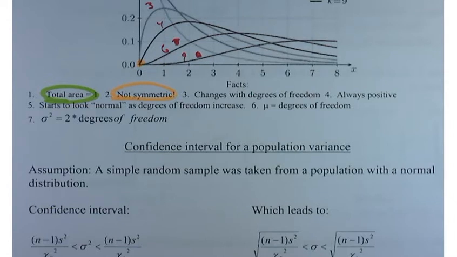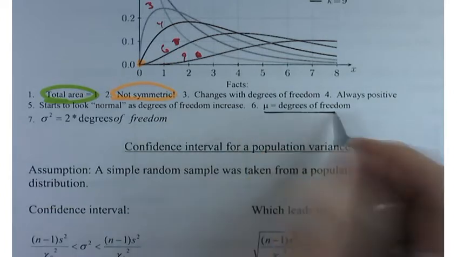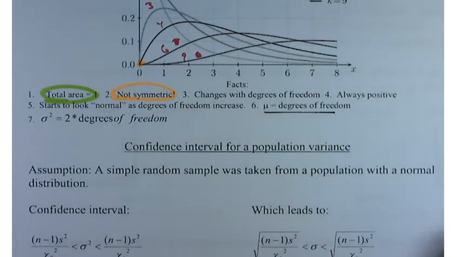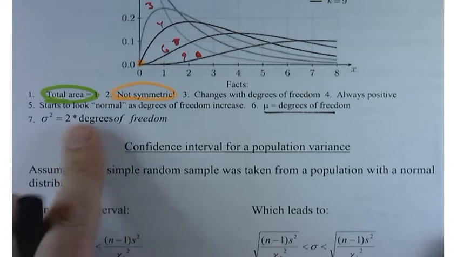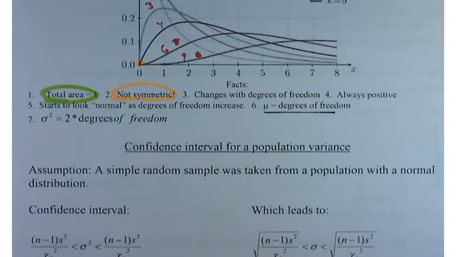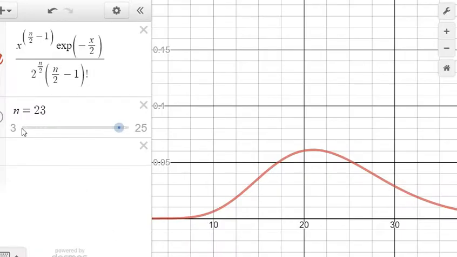Now, a couple bonus things that I'm not sure you'll find in the book. One of them is that the mean of this distribution is the same as its degrees of freedom, and its variance is 2 times the degrees of freedom. So not something that you need to know, but it's there nonetheless. You can kind of appreciate that when you look back at our little video here.